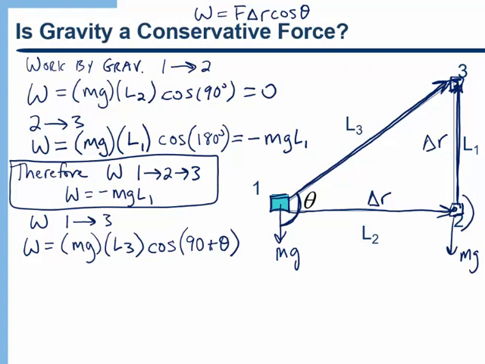First of all, you need to remember that whenever we have something like cosine of 90 plus theta, we can probably rewrite that in terms of a sine. If you look it up, you'll find that the cosine of 90 plus theta is equal to negative sine theta.